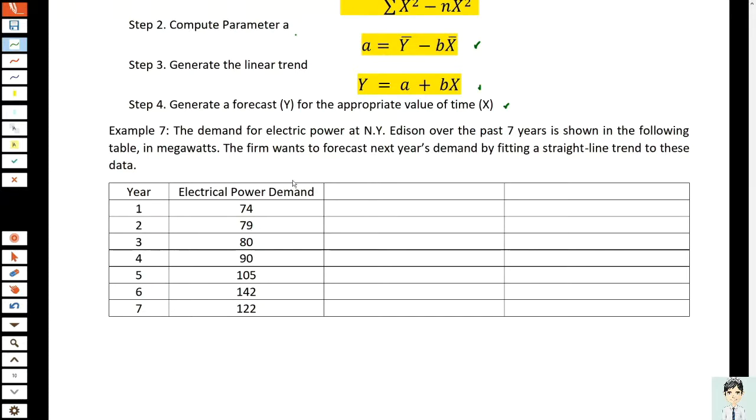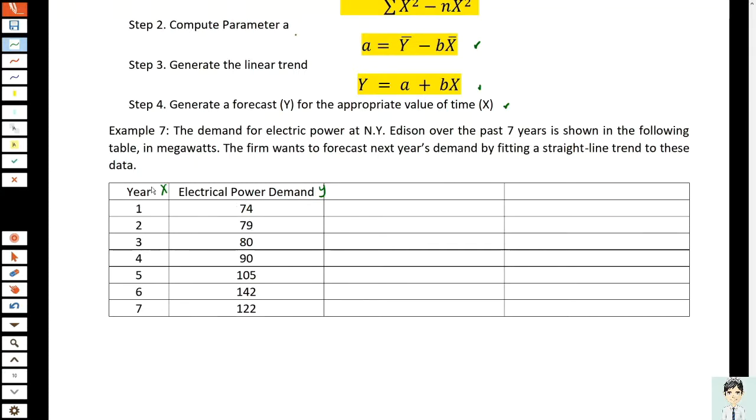So to compute, first we need to identify which is X and which is Y. Since this is a trend projection, we can identify ngayon yung year as an X and Y yung demand natin. Okay po. So, may relationship between the two, with the year and the demand. Diba? So, dependent sila sa bawat isa.